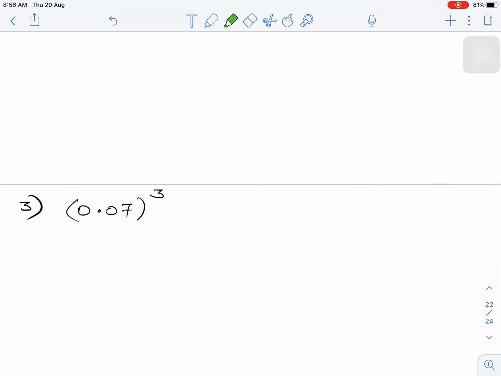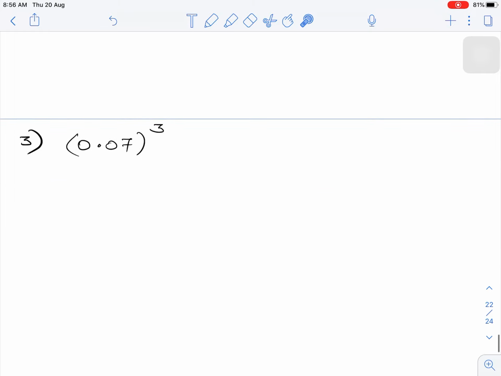In this way, now this 0.07 cube, what does it mean? How we will write it? Equals, now this indicates that 0.07 is multiplied how many times? 3 times. So we will write it in this way, 0.07 into 0.07 into 0.07.